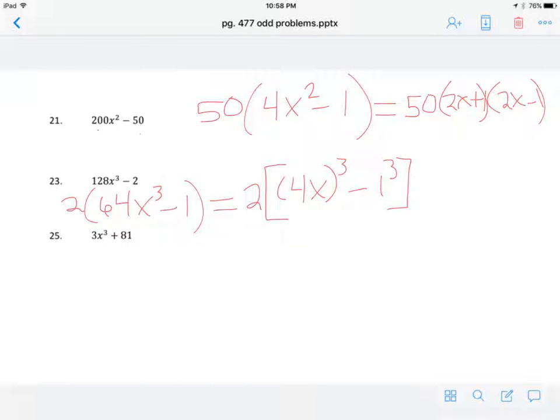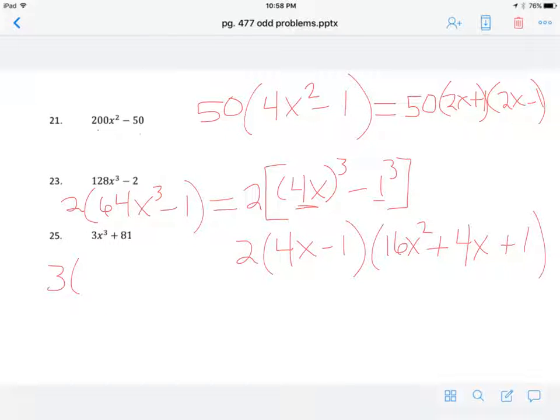Okay, I have to do that because I need the two bases right here and here. And it's going to be 2 times 4x minus 1. And then 4x squared will be 16x squared plus 4x plus 1.